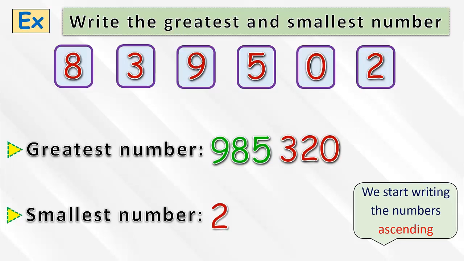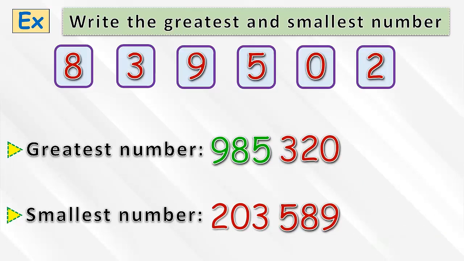Then we will write the number 0 to the right of it, like this. Then we will write the number 3. And after that, it will be the number 5. And then we will write the number 8. And the last number we will write is the number 9.